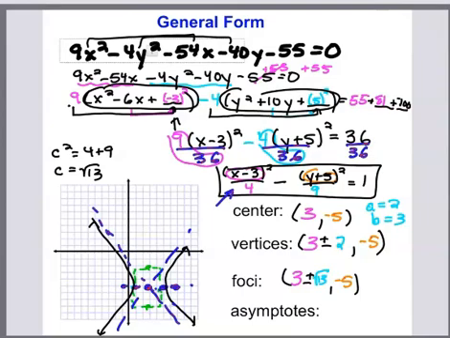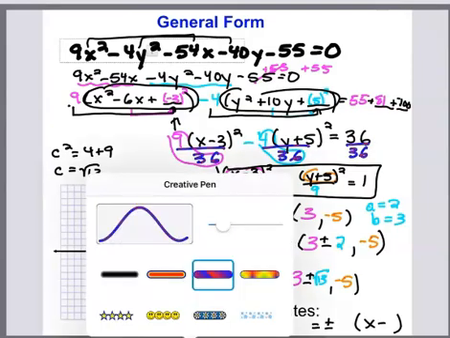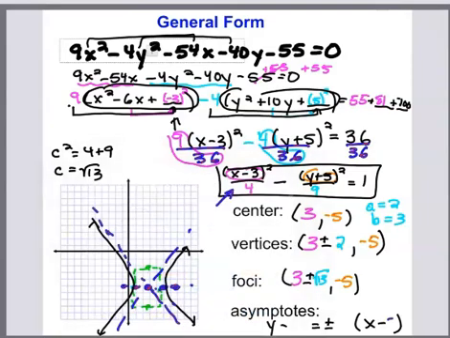Finally, the asymptotes. Y minus, plus minus, and x minus. So this is the center. So our x goes here, our y goes here, and our slope, rise over run.